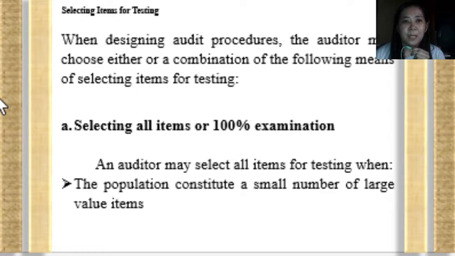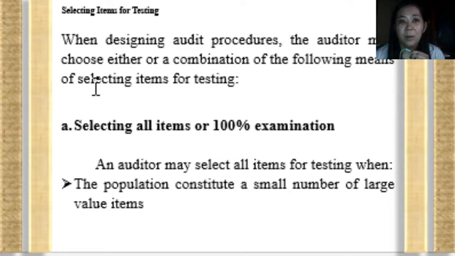Normally, when the auditor is deciding or designing the audit procedures, he can choose either or a combination of the following for selecting items for testing. In this case, the auditor can test a sample.